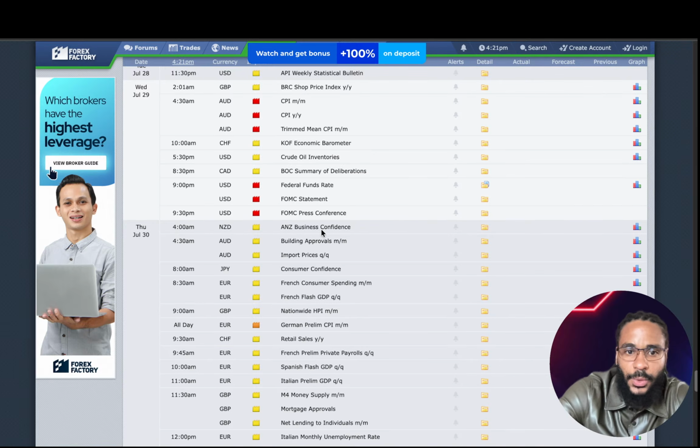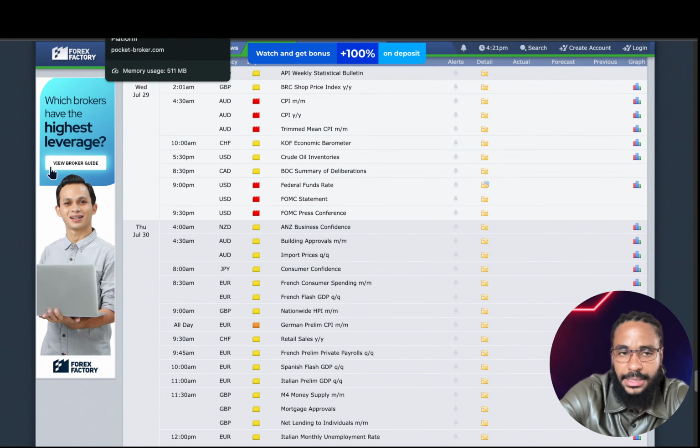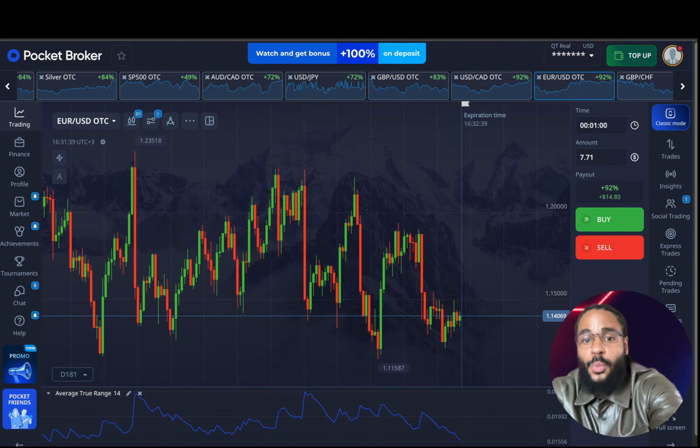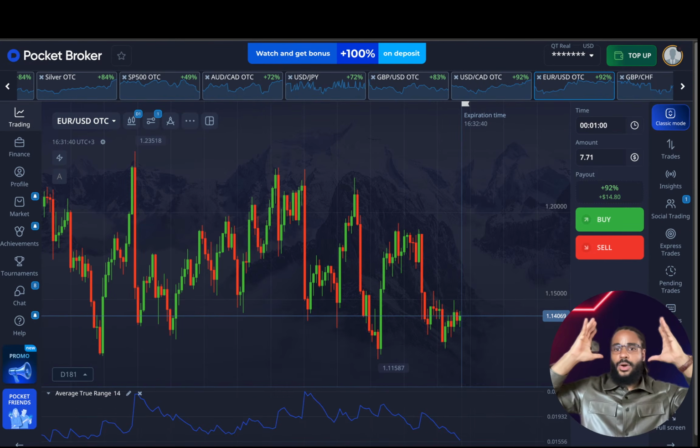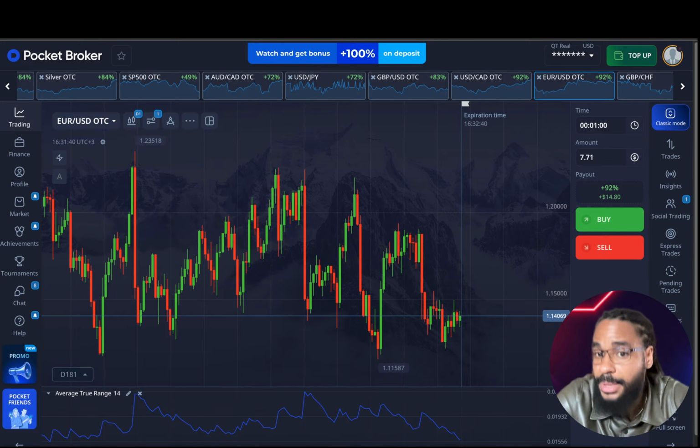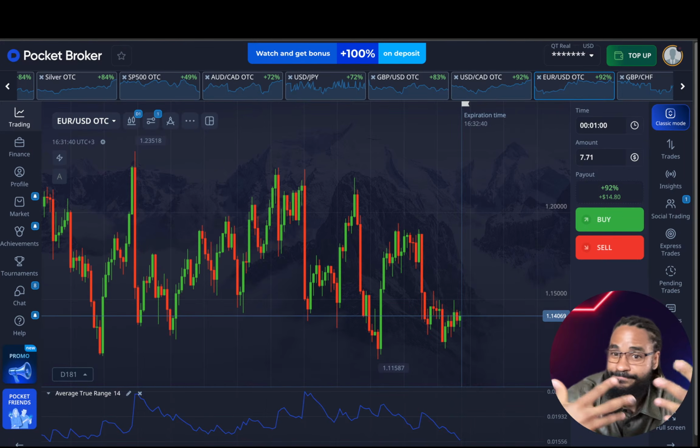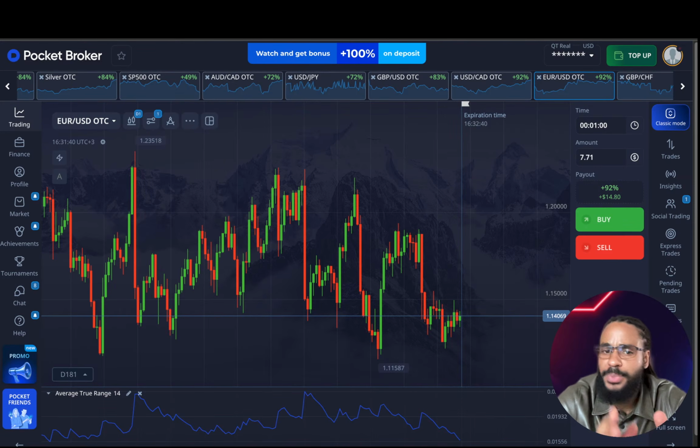There you have it. So brace yourselves for impact on the 29th at about 8:30 a.m. Eastern time. So what does that tell you? If you have an idea of what the Fed is going to say, you can actually start to position yourself.